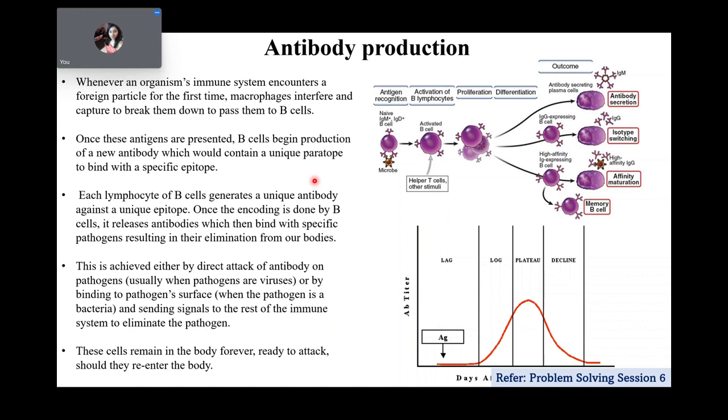When these B cells and antibodies bind to the antigen, they start maturing at a faster rate, and based on that binding region, they modify their paratopic region, and then you have the memory B cells. So these are the different kinds of antibody outcomes that can happen after the B cell is activated.